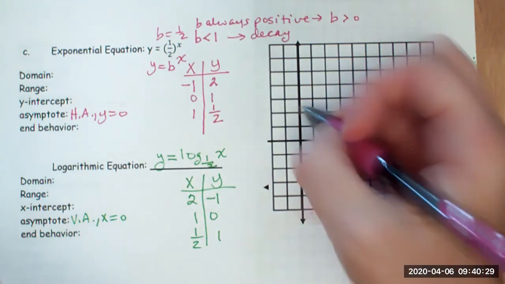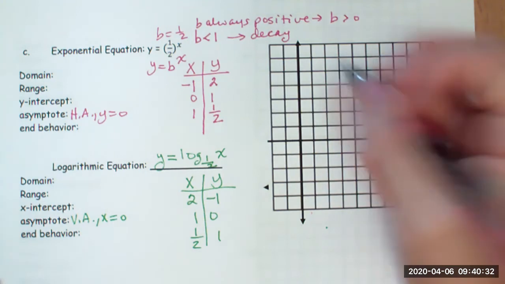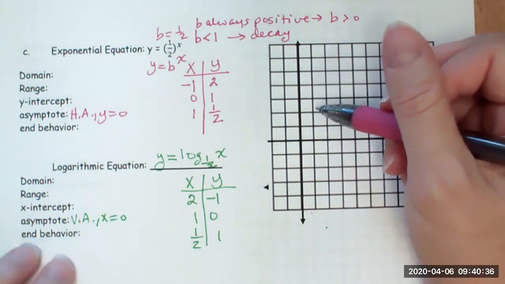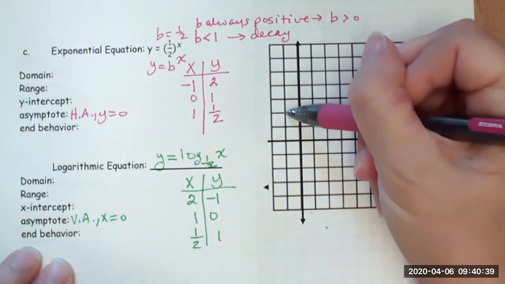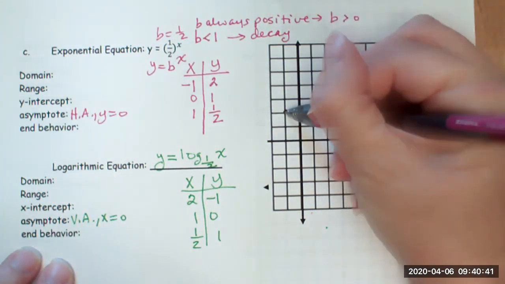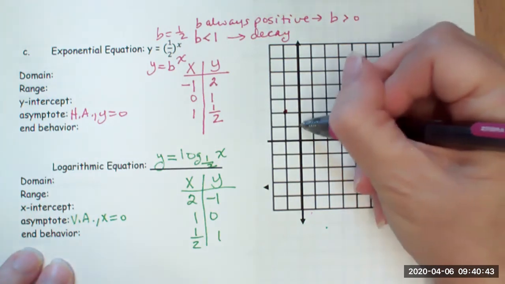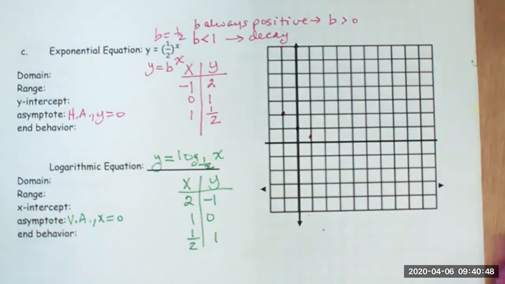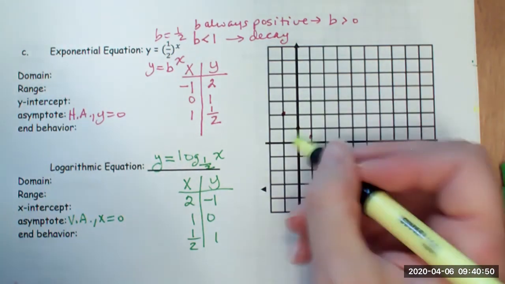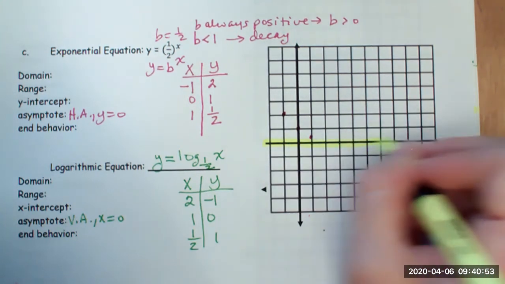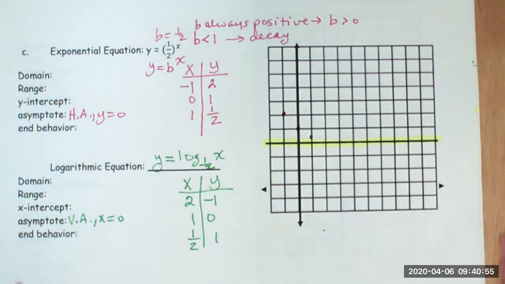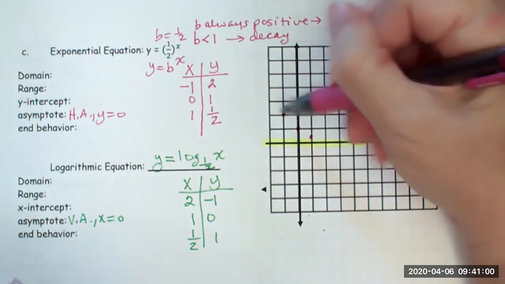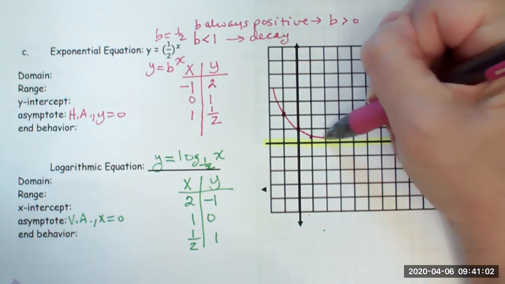So we've got -1, 2, 0, 1, 1/2, 1, with that horizontal asymptote at y equals 0 right here, and I'll fill in that color.